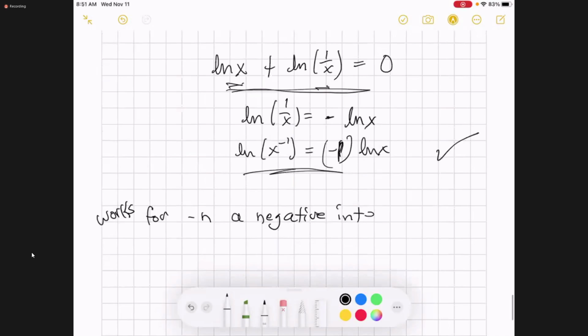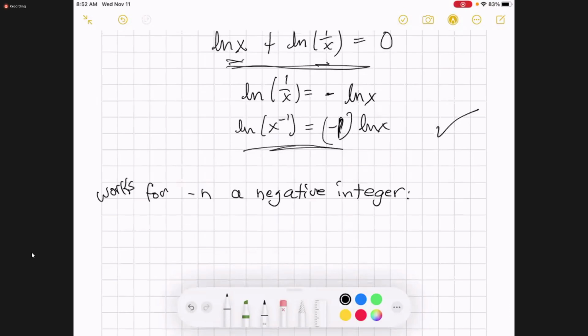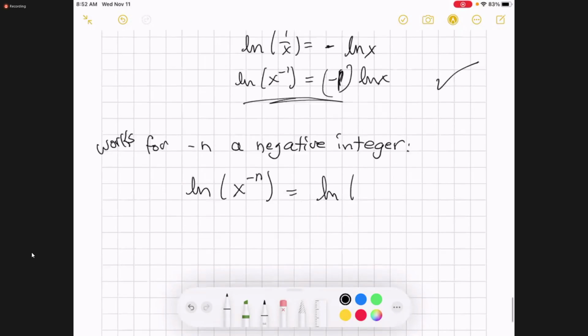And I'm about out of time. All right, because the log of x to the minus n is equal to the log of, well, x to the minus n is equal to x to the minus 1 to the n. That's an algebra rule.